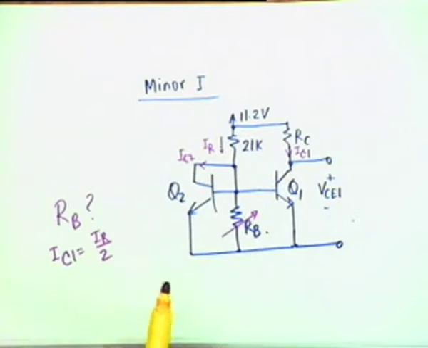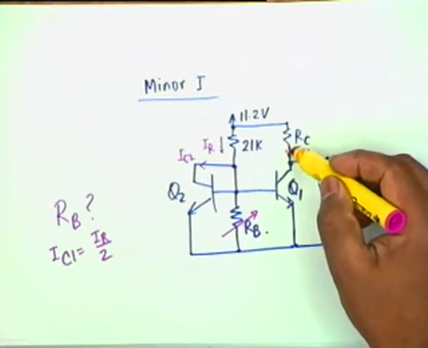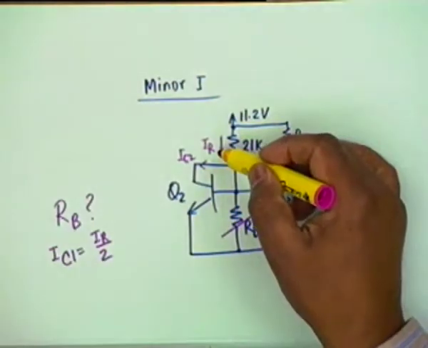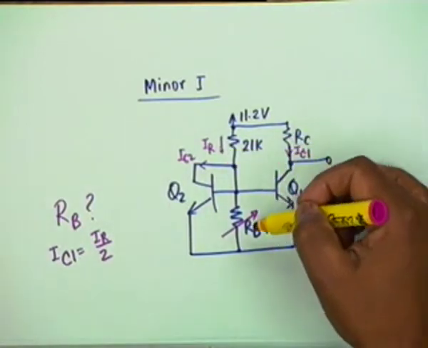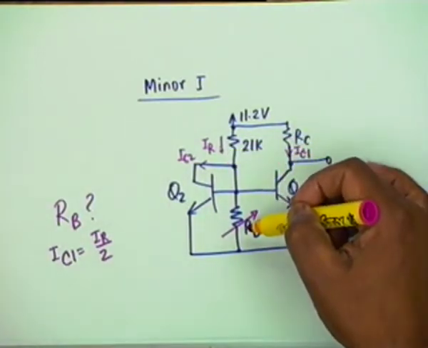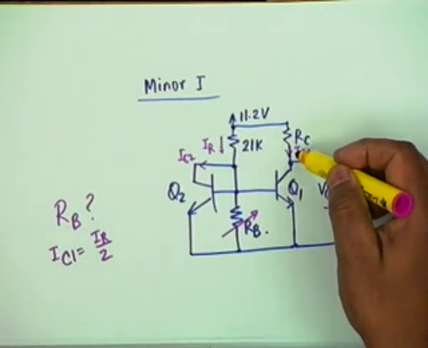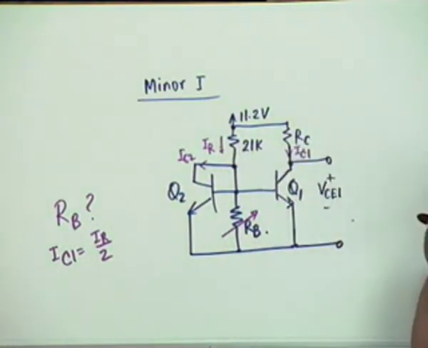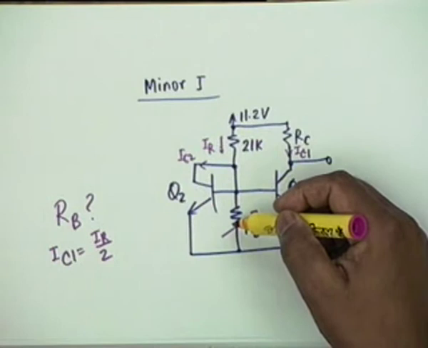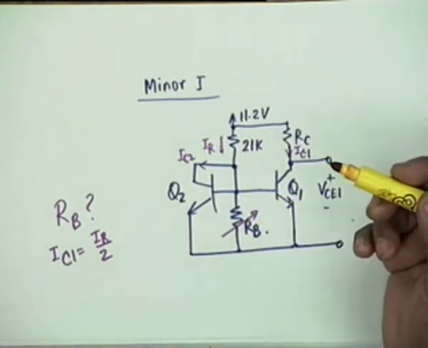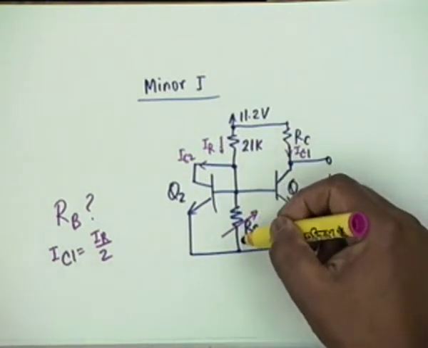Obviously, this question itself shows that this current, which normally should be equal to IR, is now being controlled by R sub B. This current can be as low as half of this value by appropriately choosing R sub B, and that is very obvious that R sub B draws a current.